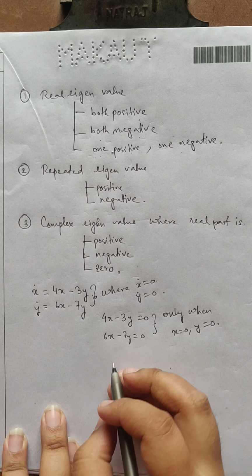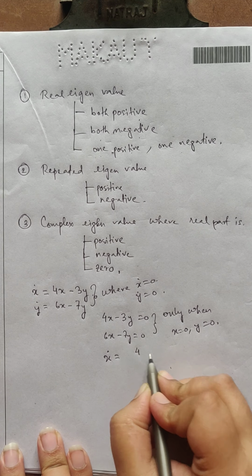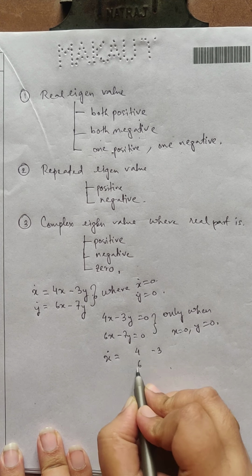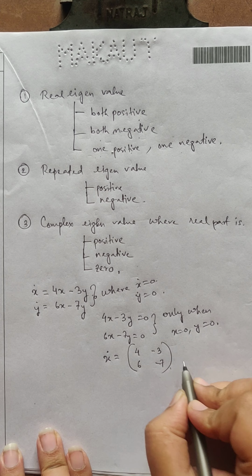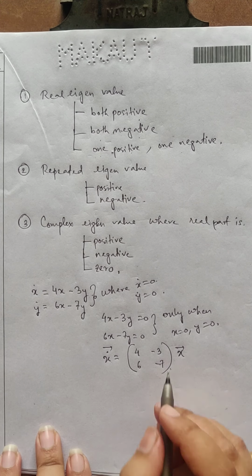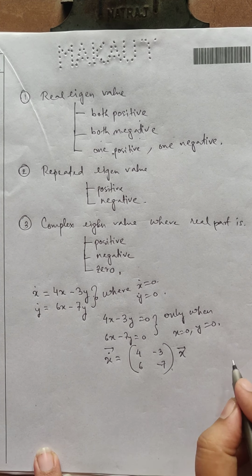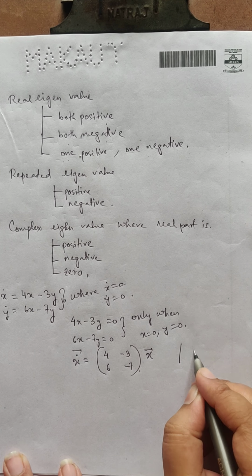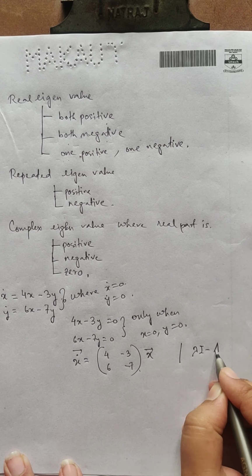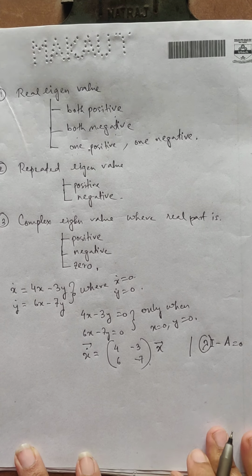Now supposing this is what I get, that is x dot equal to [4, -3; 6, -7] x as my system matrix. Now after solving this, like first finding out the equilibrium point, then the singular point, and finally obtaining the expression using the formula, that is lambda I minus the system matrix equal to 0, I find out the value of lambda.